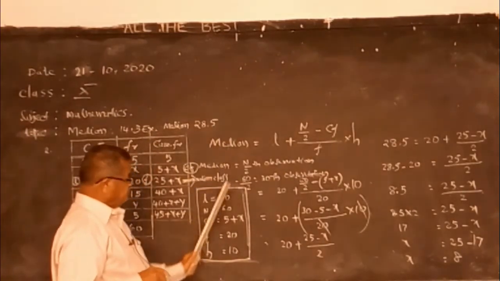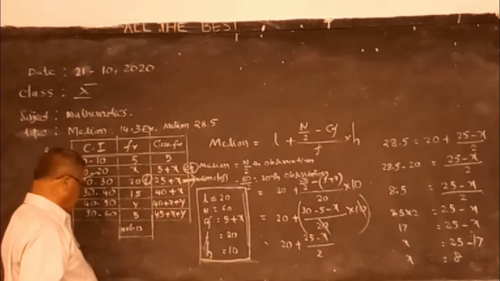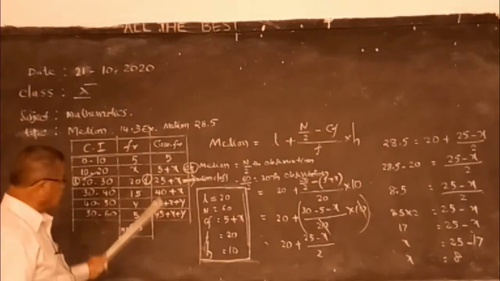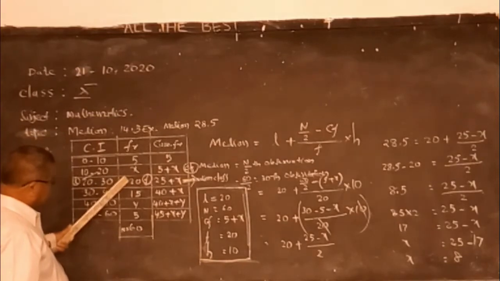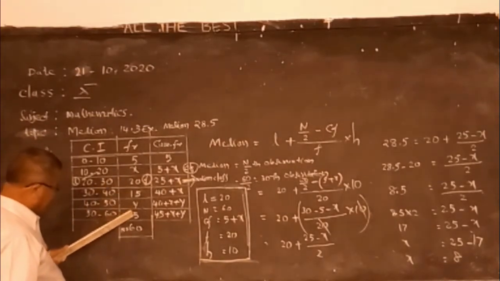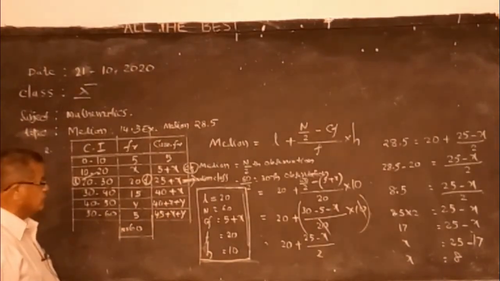From the median we are getting the x value, but we are not getting y. So there is a way of finding y. The total frequency is given as 60. 5 plus 20 is 25, 25 plus 15 is 40, 40 plus 5 is 45. 45 plus x plus y is equal to 60.